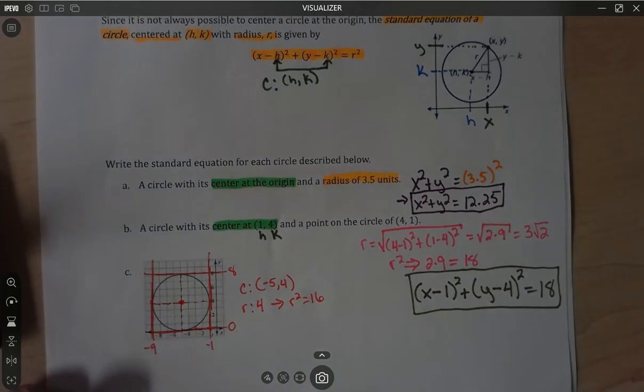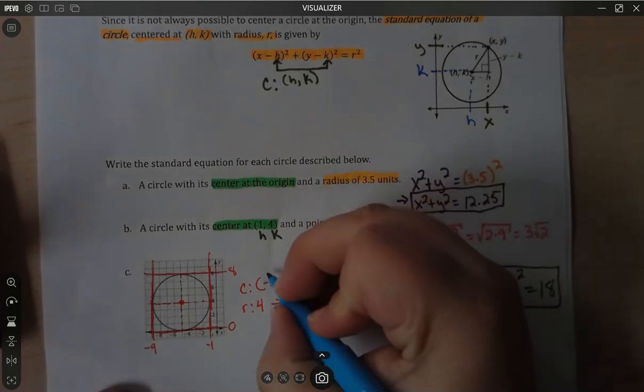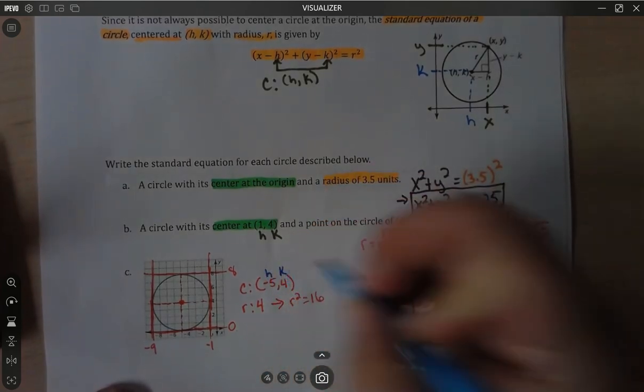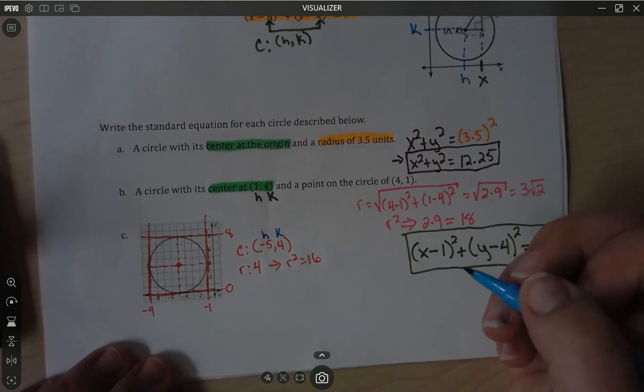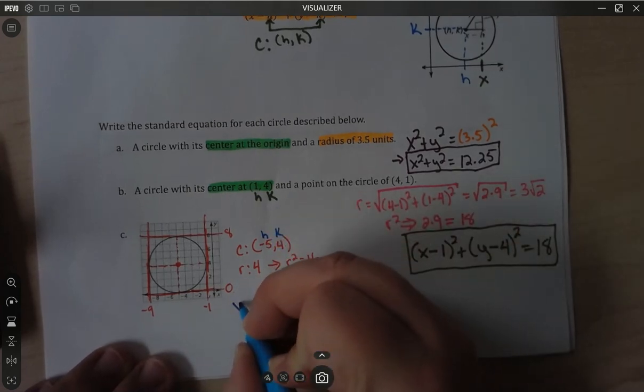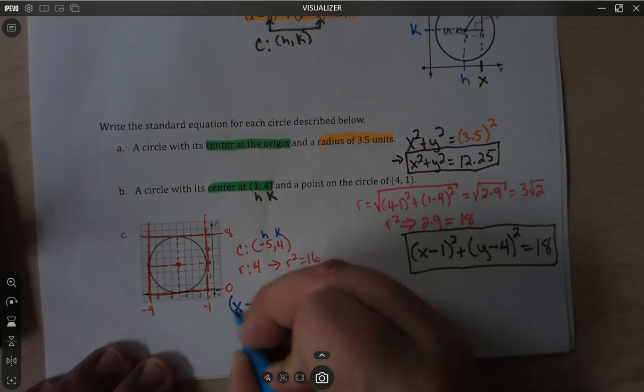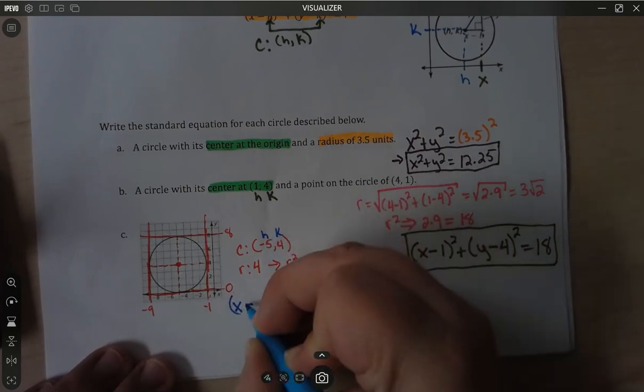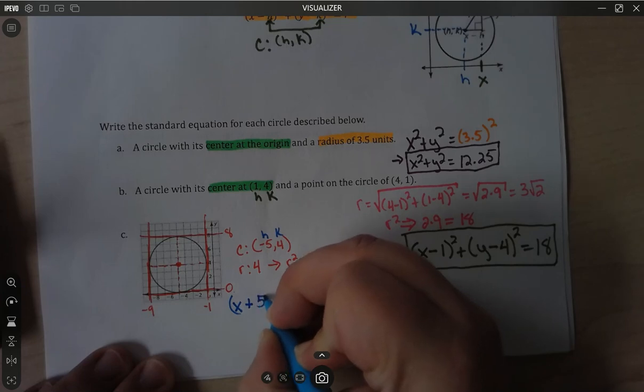Okay. So if I'm going to plug this into the formula of my circle, center is H and K, r squared is r squared. So x minus, well, subtracting a negative is plus 5.